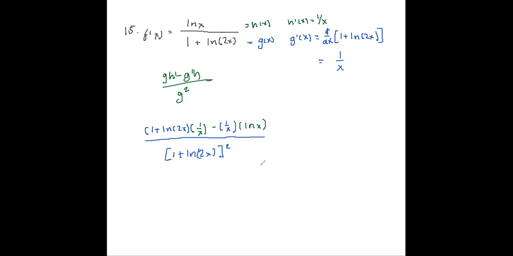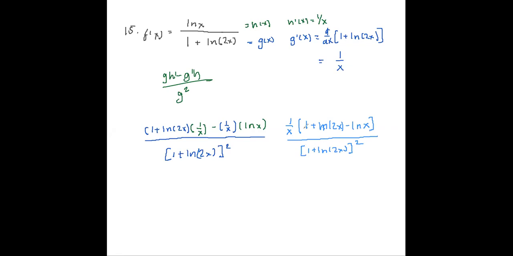So yeah, you could factor out this 1 over x. You could say something along the lines of this is 1 over x times 1 plus the natural log of 2x minus the natural log of x over, again, 1 plus the natural log of 2x, squared.